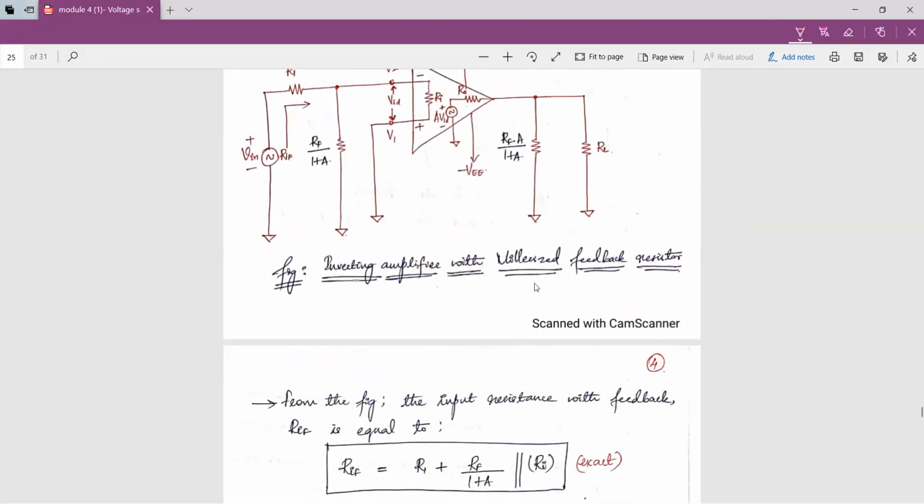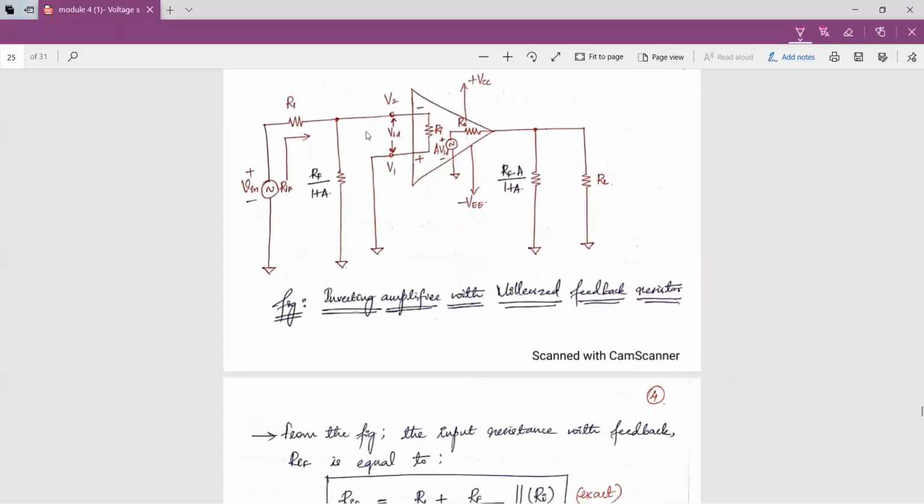Now look here. Since the input current to the op-amp is equal to 0, the same current that is flowing through R1 will flow through Rf by 1 plus A as well. So now these two resistances are in series, and this combination is in parallel with this input resistance of the op-amp Ri.